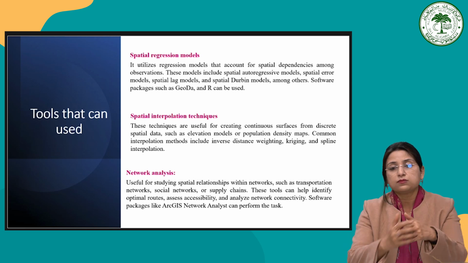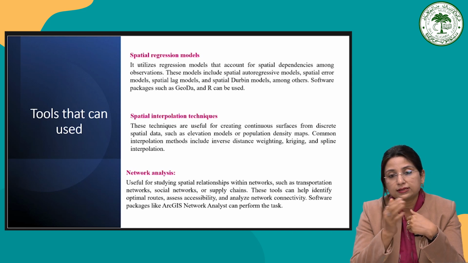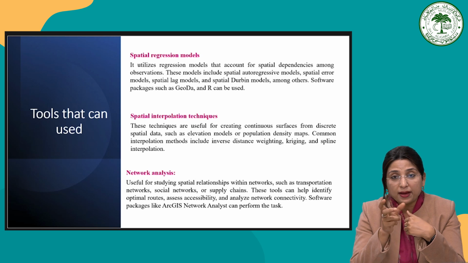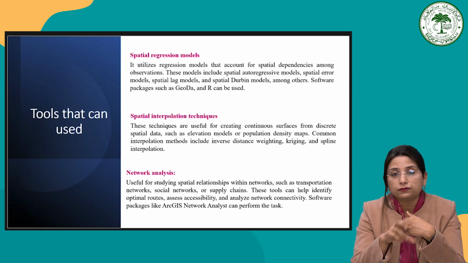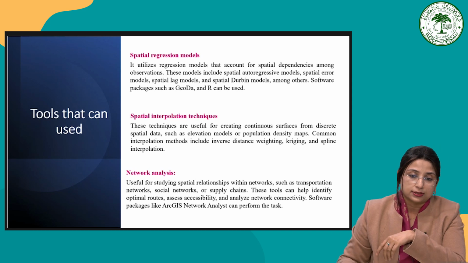For example, these models include various spatial autoregressive models, error models, spatial lag models, etc. I would like to name some software packages which can be used for these functions, for example GeoDa, R, Python, etc.